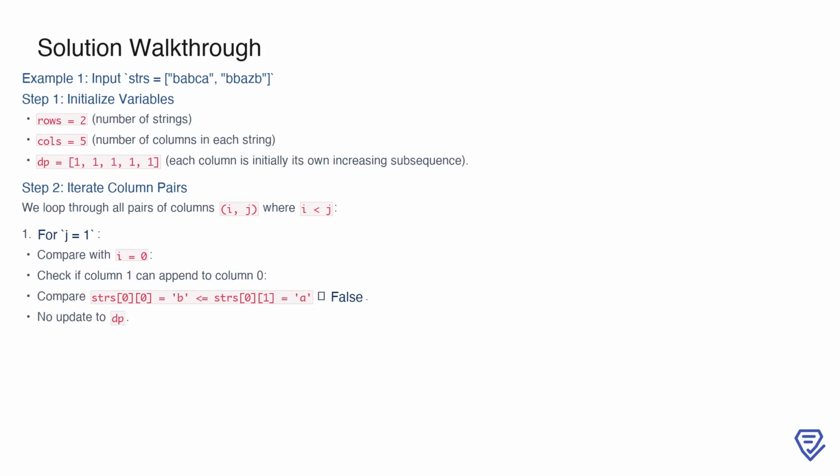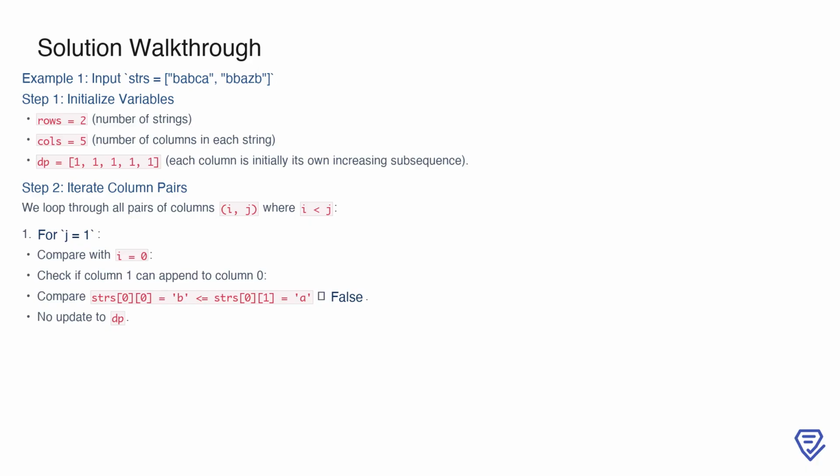To solve this problem, we begin by analyzing the input strs equals ["babca", "bbazb"]. The number of strings is 2, so rows equals 2, and each string has 5 columns, giving us cols equals 5. We initialize a DP array with all values set to 1, representing that each column is initially treated as its own increasing subsequence.